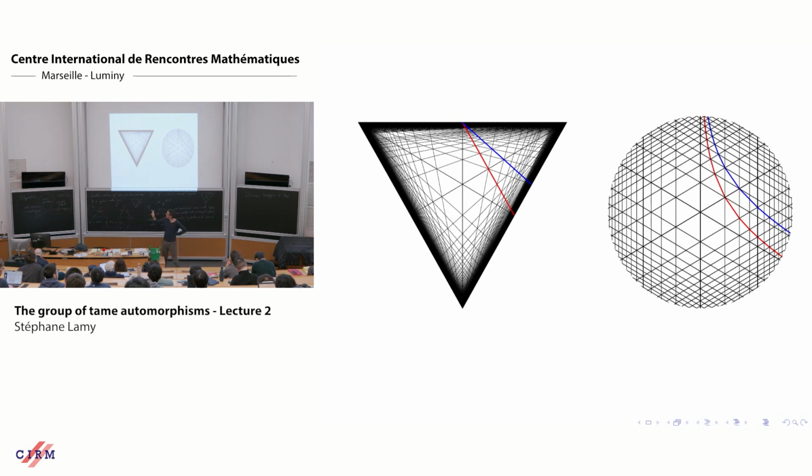Here on the left, it's the same picture again, but I go far away, so on the boundary you see black because they accumulate. In red and blue, I chose randomly two of the cutting lines. On the right, it's the same picture, but with the right metric. The metric of an apartment is the standard metric of R2, so here it's R2, and I draw the same curves in the metric.